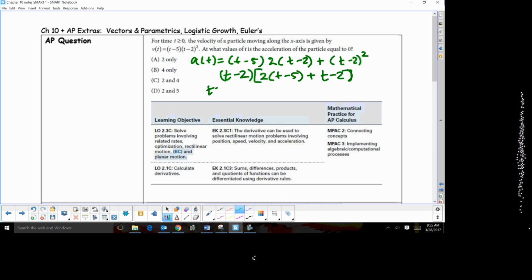So t equals 2 from that part. 2t minus 10 plus t minus 2. 3t minus 12. So t is 4. So that's the easiest way, in my opinion, is just factor out that t minus 2. That's how I taught you back in AB.